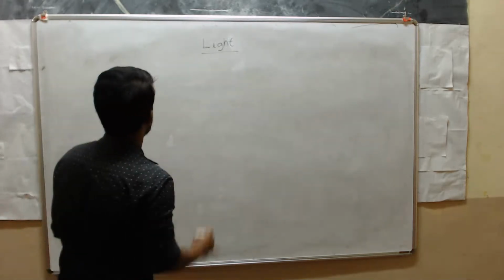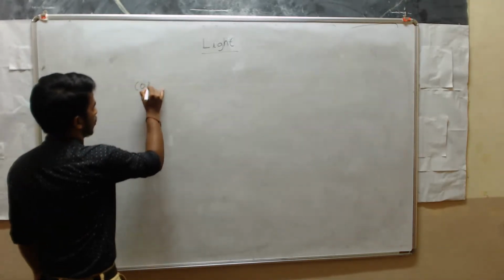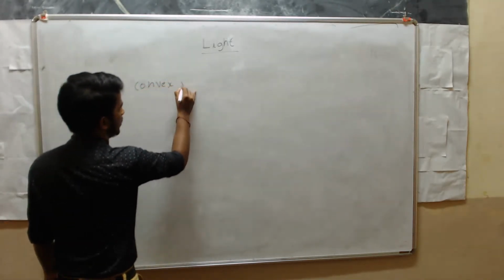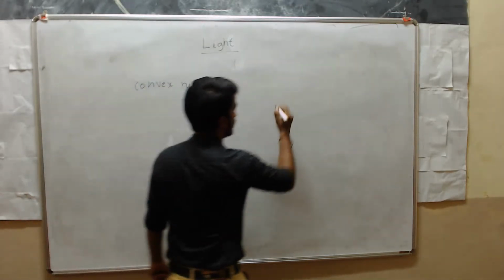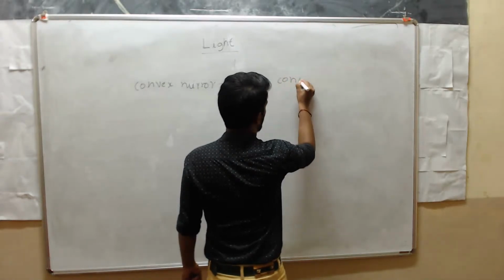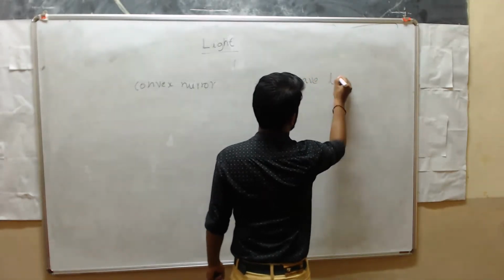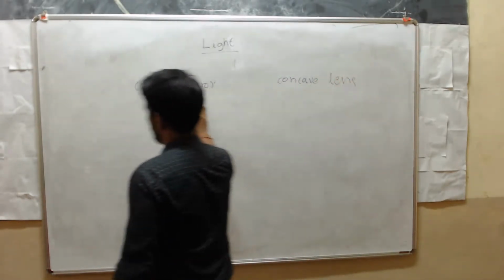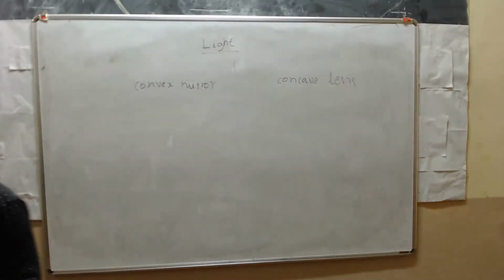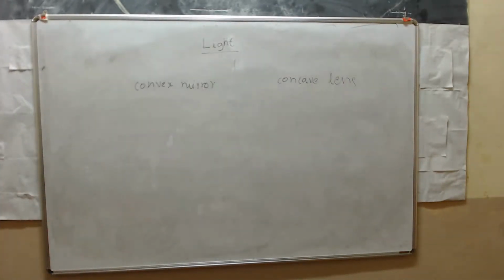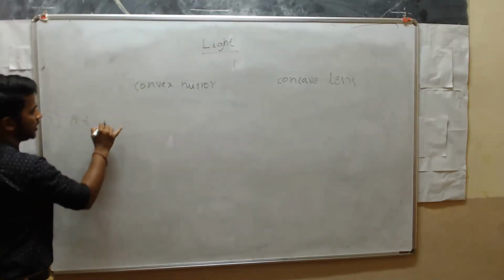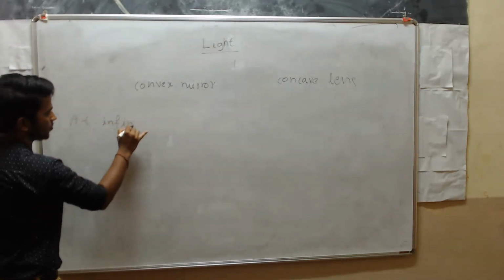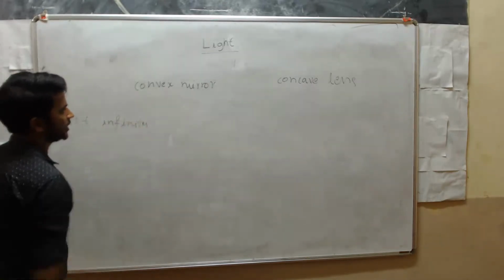So now just compare convex mirror and concave lens. First, here we kept the object at infinity, right?